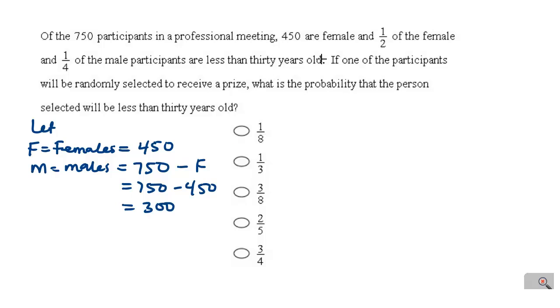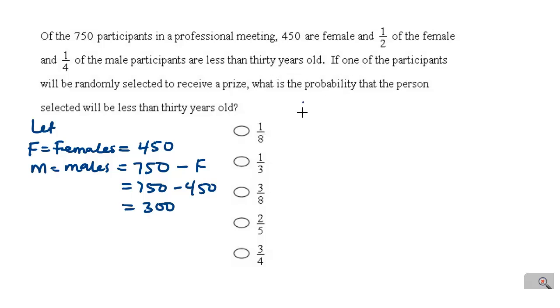Now the question goes further: if one of the participants will be randomly selected, what's the probability that the person selected will be less than 30 years? What we have here is that 450 are females, and half of the females and 1/4 of the males are less than 30 years.